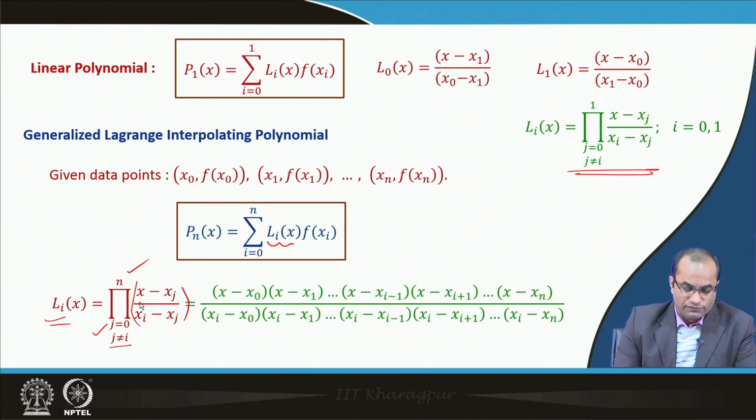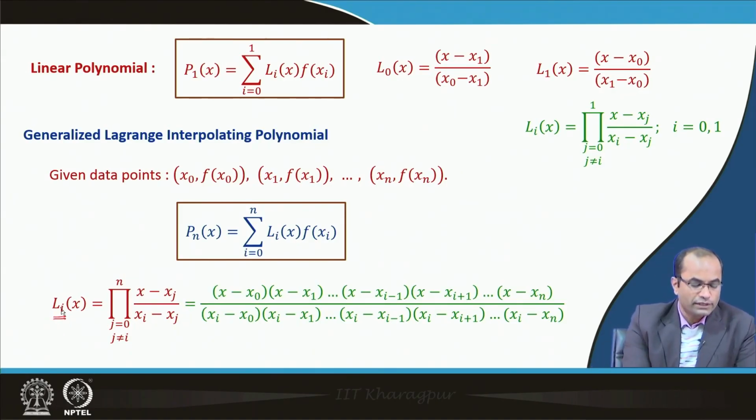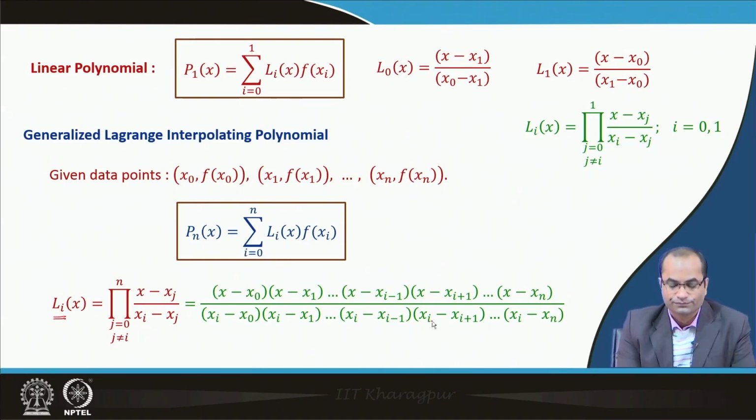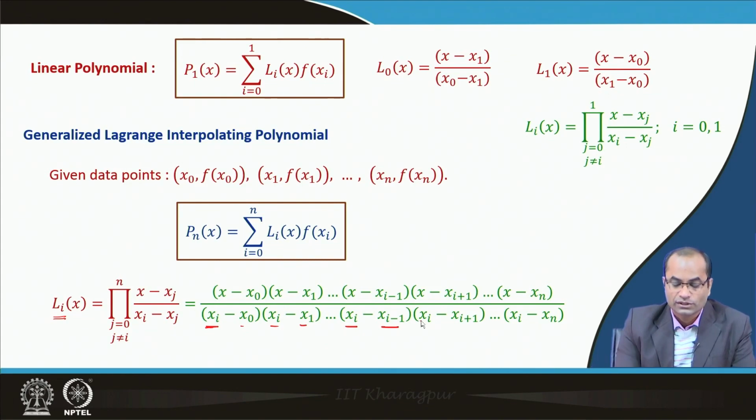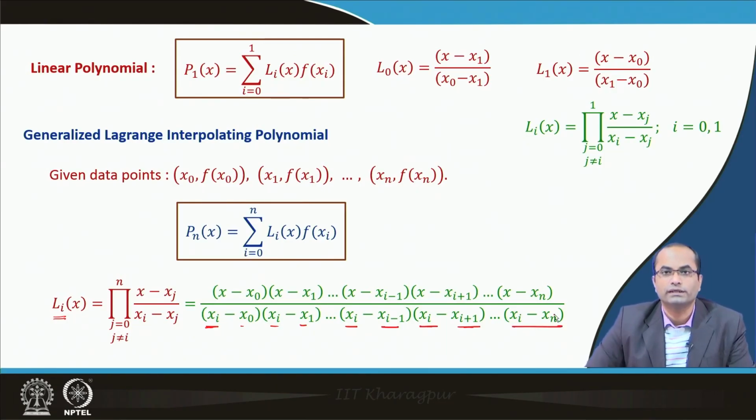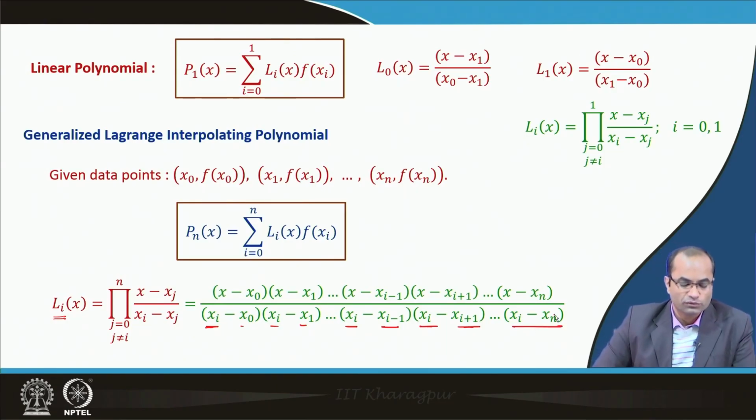So, for instance, if we write this in the expanded form for L_i, there will be a missing term here, because we are working with x_i. So, x_i minus x0, x_i minus x1, x_i minus x_{i-1}, and naturally x_i minus x_i will not come, otherwise this does not make any sense. Except for x_i itself, all other points will be subtracted in the denominator. That is easy to remember.